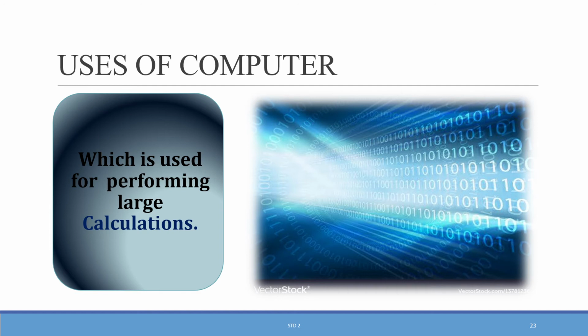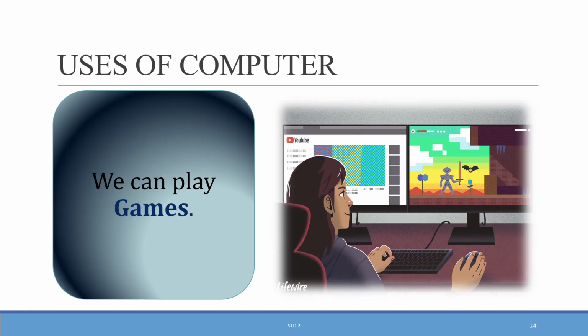You can use a calculator also, right? You know that the calculator is used for doing sums. But for example, if we have a big number, a large number, and we have to perform addition on it, we use a computer. So the use is to do large calculations.